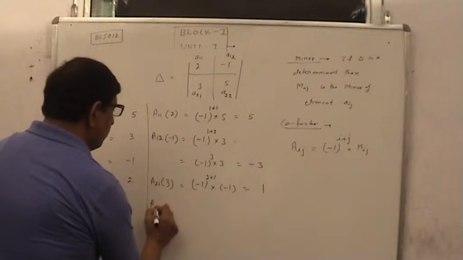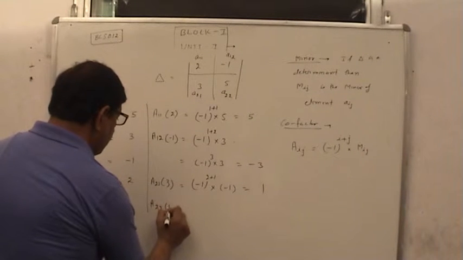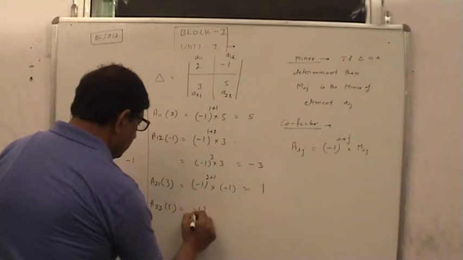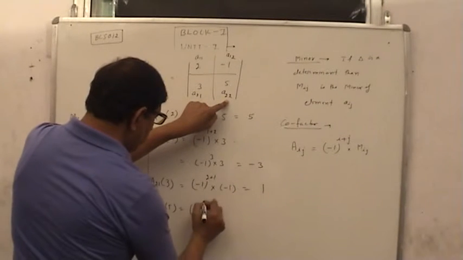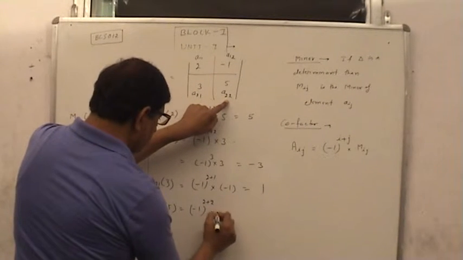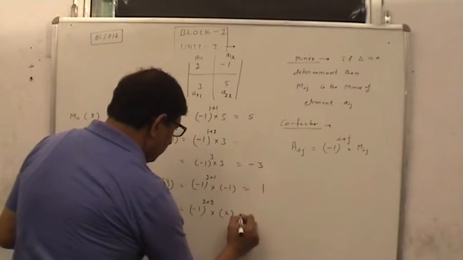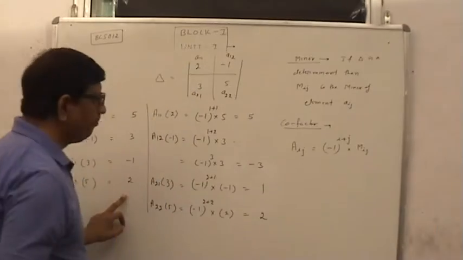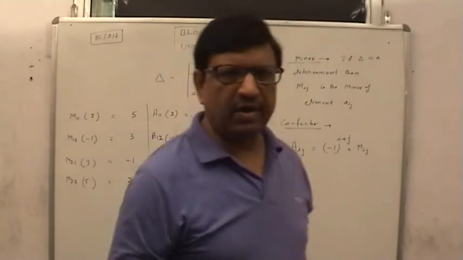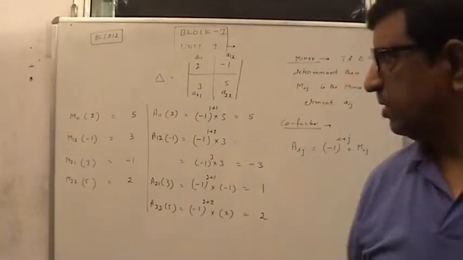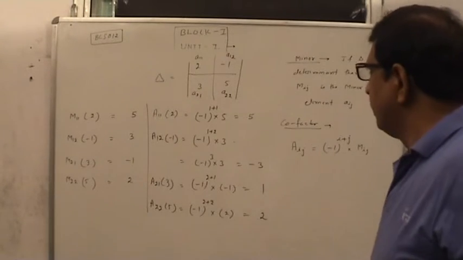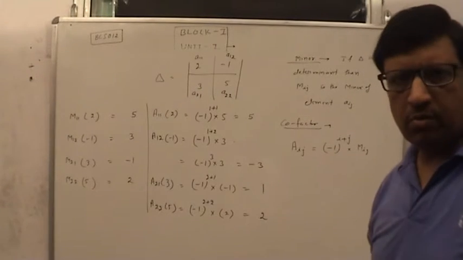Then A22, element is 5. It is -1 raised to the power 2 plus 2 into its minor, which is 2. That is equal to 2. In this way, we can find the minors and cofactors of the elements in the case of a 2 by 2 determinant.